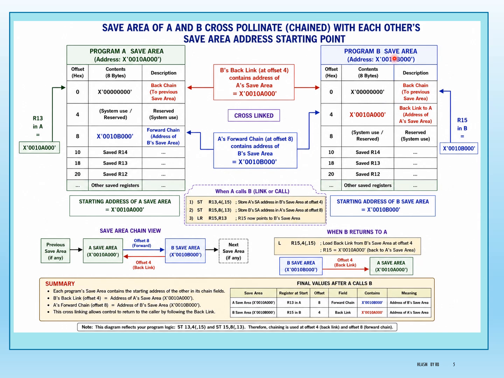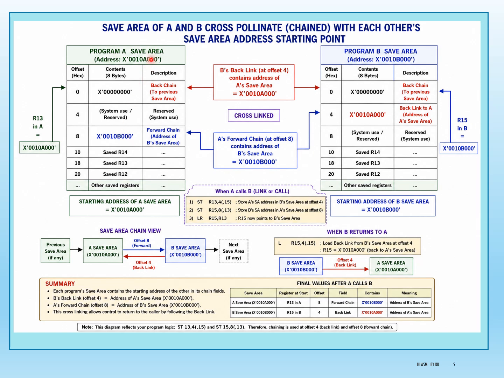Then what we are doing is we are taking the program A save area address, which is A000, and we are copying that into program B save area at offset 4. That is what this particular statement is doing. So you are taking the A000 and you are putting it at offset 4 in the program B save area. Then what we are doing, we are taking this B000 starting point and we are putting it at offset 8.